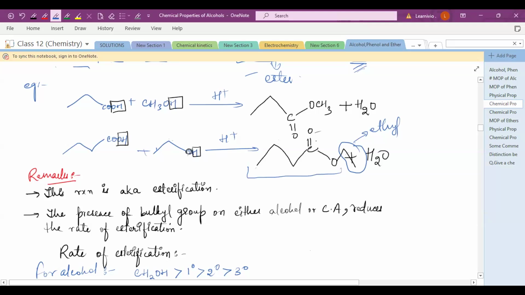And for an ester, what do we use? The ending oate. So the name of this will be ethyl butanoate. That is the IUPAC name of this structure.